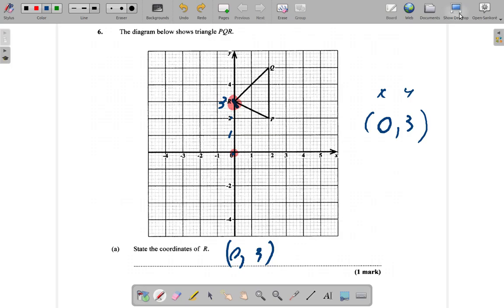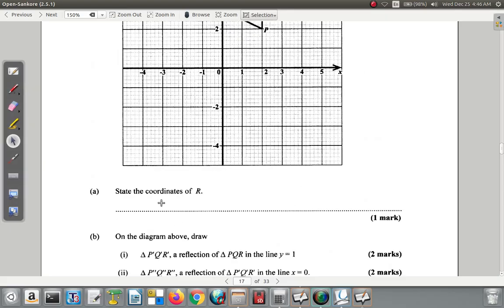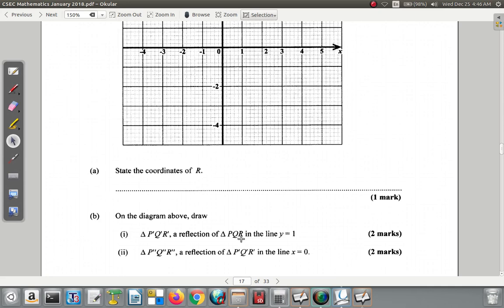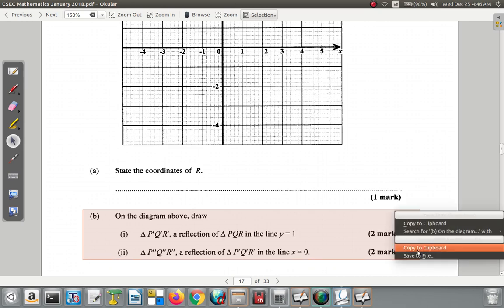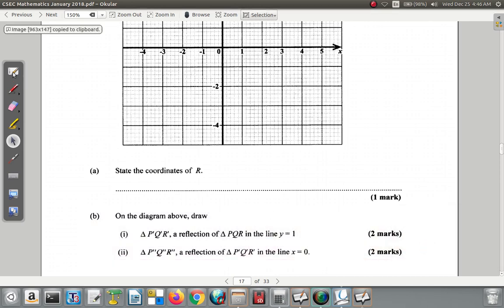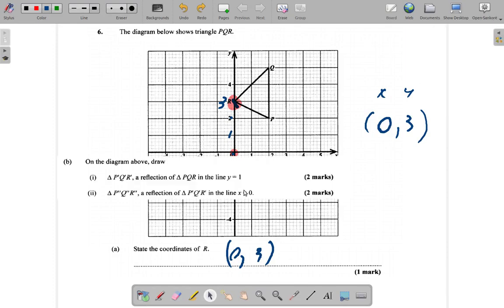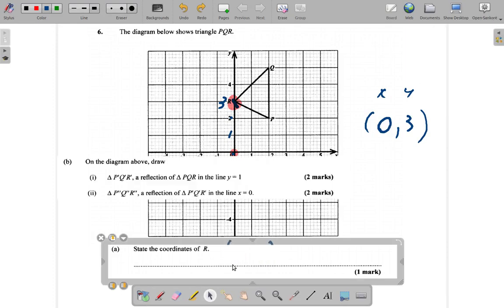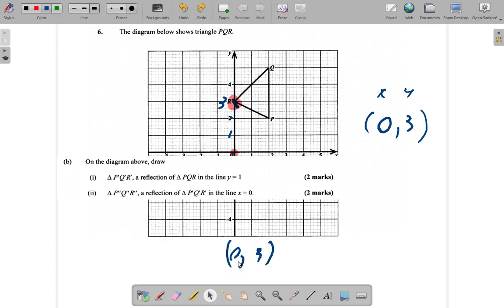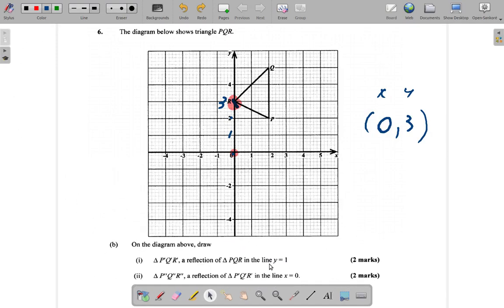Now let's see what else it says. On the diagram above, you're going to have to do some drawings. So let me copy these and place them in.